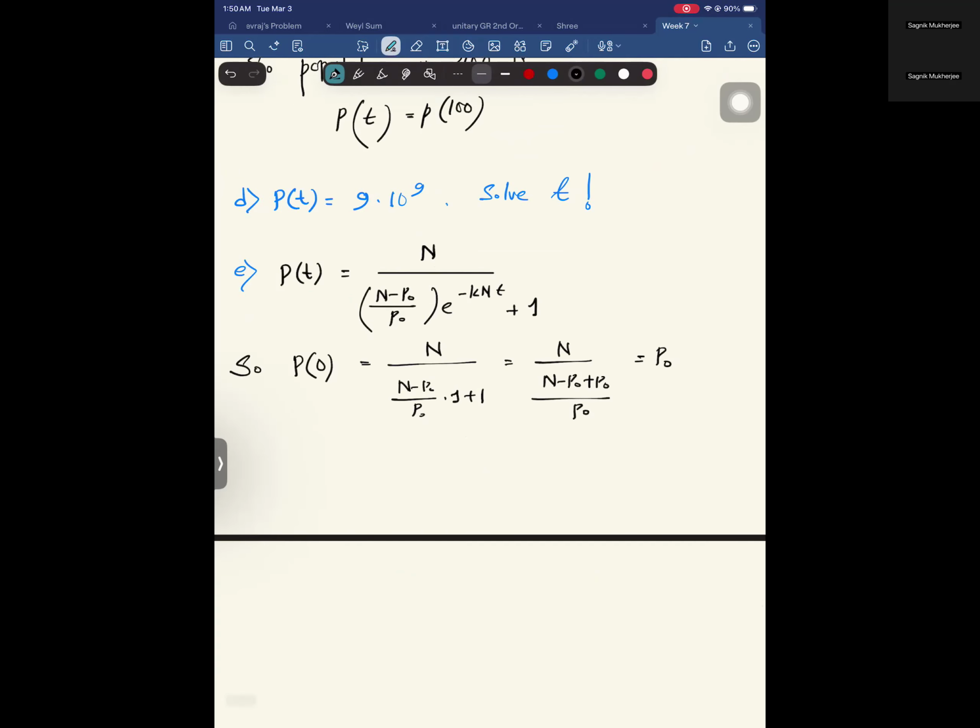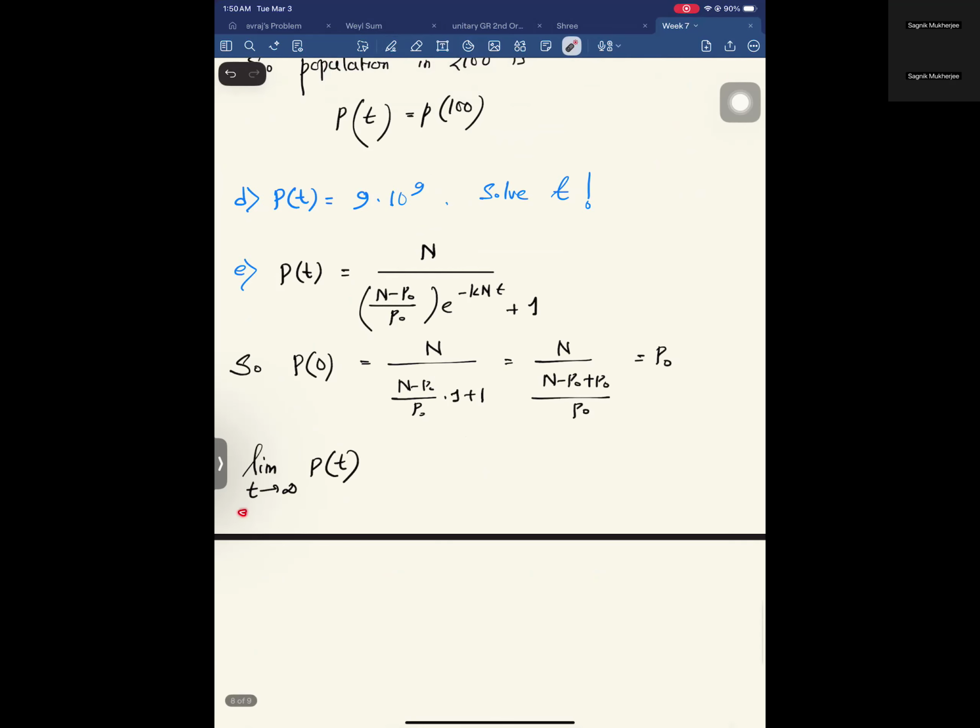So P of 0 is P0. And what happens when t goes to infinity? What does this expression mean? This expression is trying to capture what happens to the population as time goes by. Does this population reach any end?